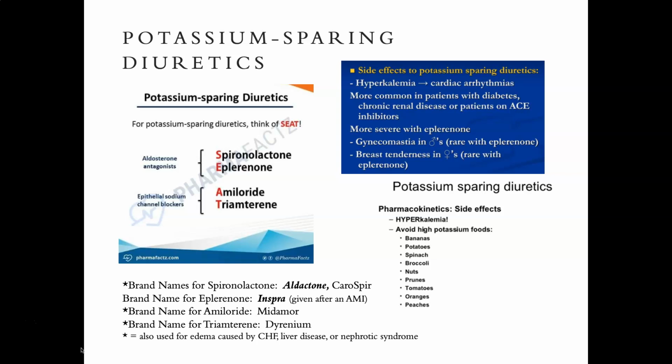And some high potassium foods include bananas, potatoes, spinach, broccoli, nuts, prunes, tomatoes, oranges, and peaches. The brand names for potassium-sparing diuretics that I want you to be familiar with because they are very common are Aldactone and Inspra.